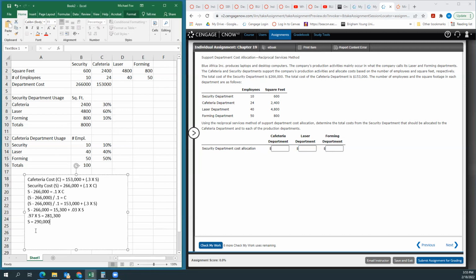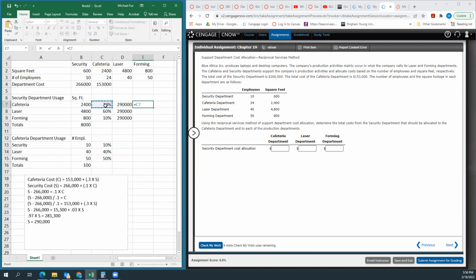All right, so now we're supposed to figure out the security department cost allocation. We already know from up here that the security department usage is 30% for the cafeteria, 60% for laser, and 10% for forming. So I can just put in the 290,000. Remember, that's the security department's cost. To find out how much usage, we'll just multiply it.